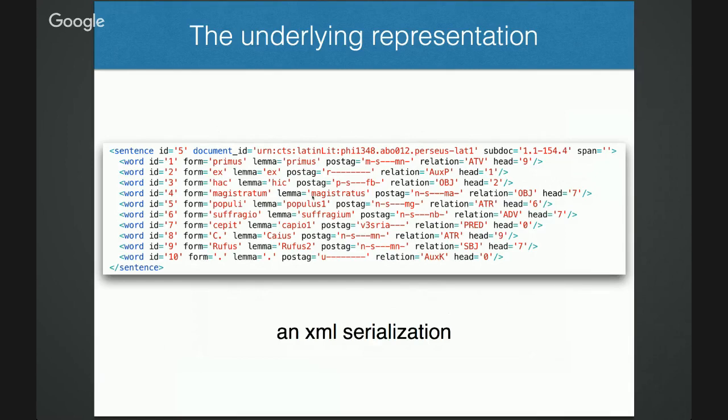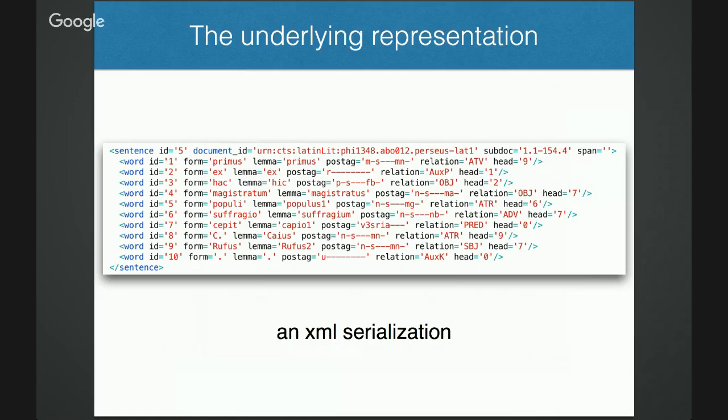Here again, I think that this XML fragment is pretty clear. This is the serialization that we use for the Ancient Greek and Latin Dependency Treebank. The Index Thomisticus Treebank has a very similar serialization. Here, as you can see, we have a sentence element, and it is specified by some attributes which simply say something about the sentence.